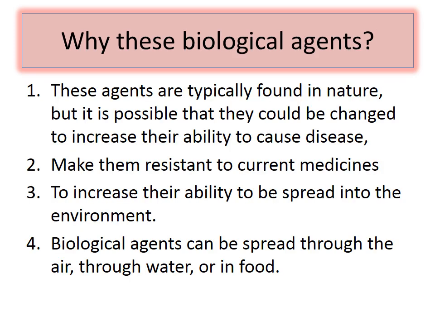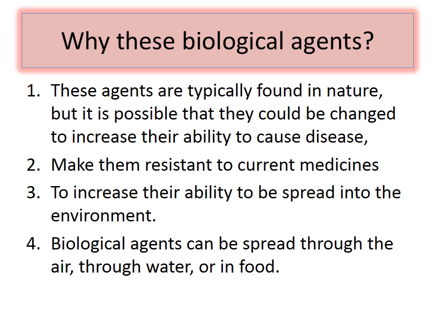Now, what are these biological agents that are normally used? Number one thing you have to understand is that most of these agents that are used for creating such a threat are typically found in nature, and it's possible that they could be manipulated, they could be changed to increase their ability to cause a disease.